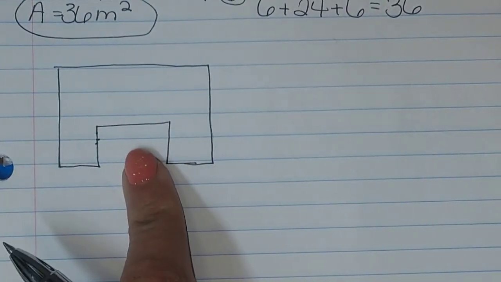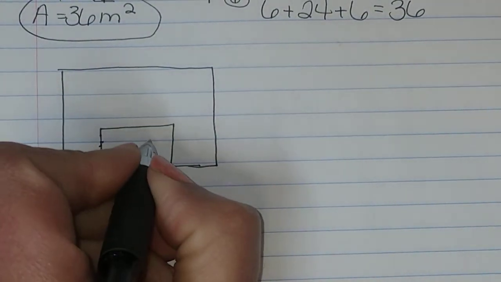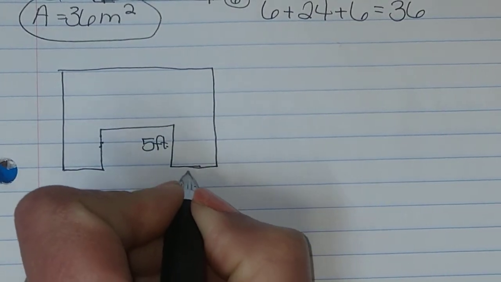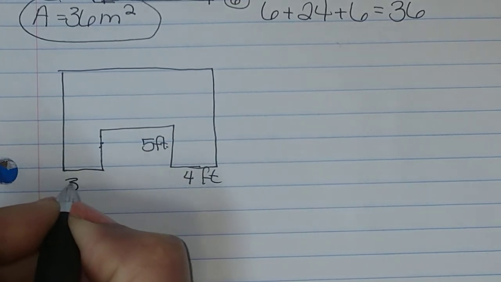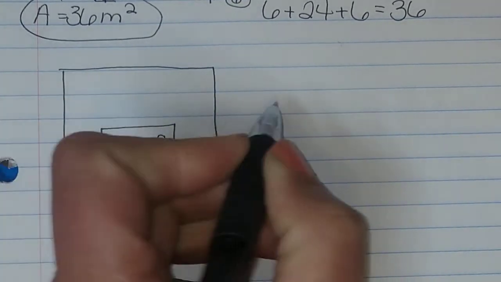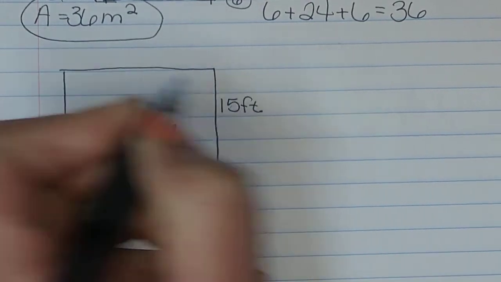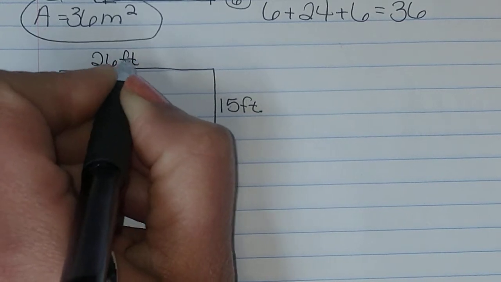We have this big cutout right here. I know that this is 5 feet. Right here is 4 feet. Here's 3 feet. This side right here is 15 feet. And this whole side right here is 26 feet.